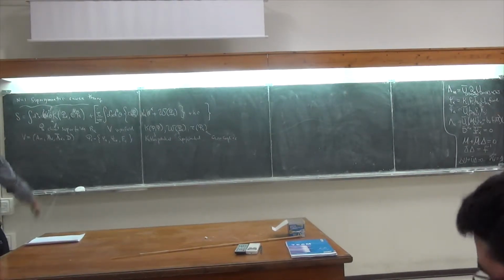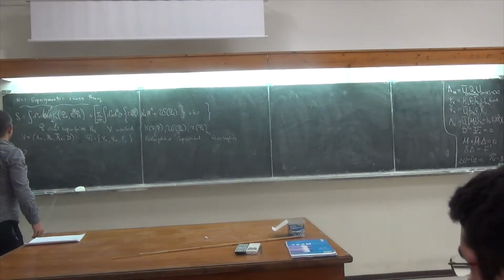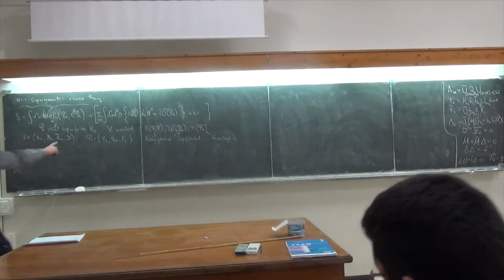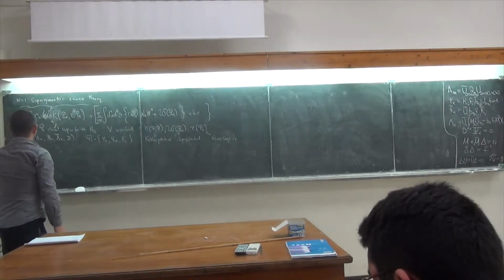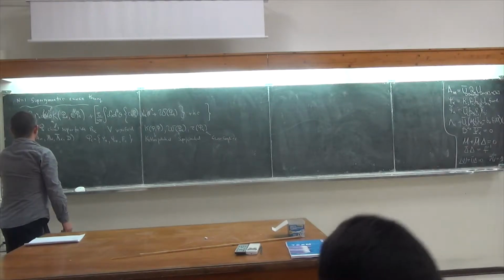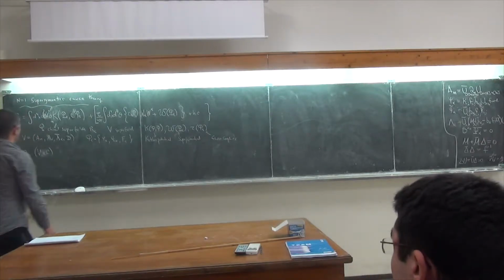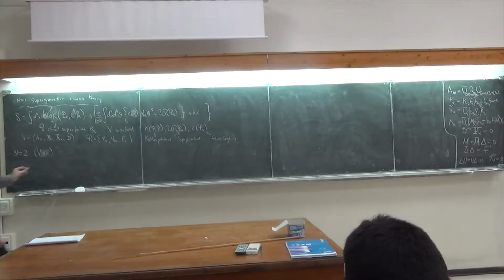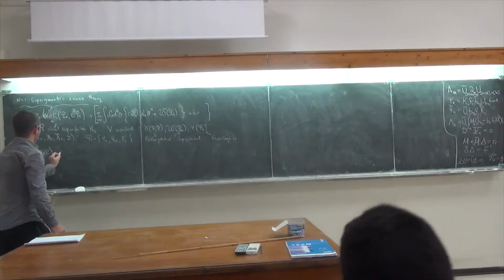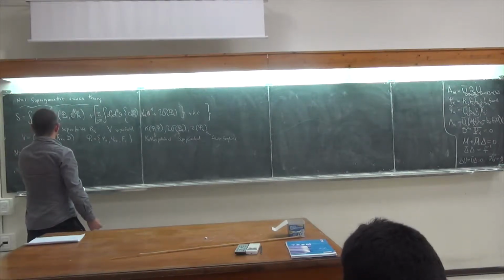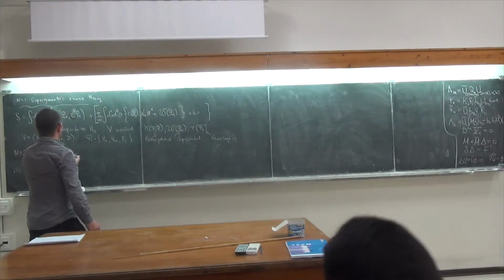Then for N=2, what we do is we combine a vector plus a chiral in the adjoint. And this we can call the vector of N=2.